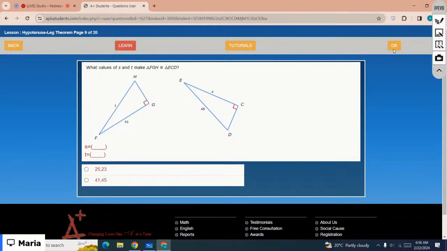What value of S and T makes triangle FGH and triangle ECD congruent? So, which is the correct option?